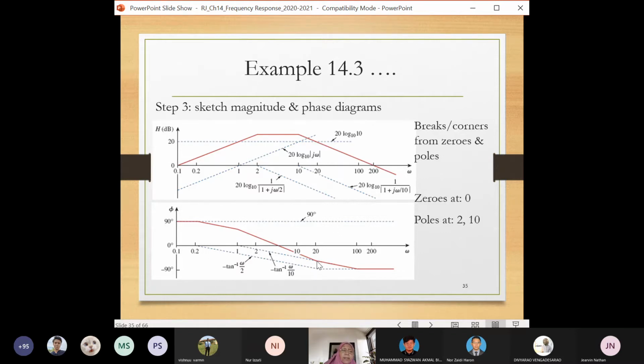Then from 20 to 100, there is only 1 line, because the line is flat again, leaving only 1 negative slope. So the slope is less by 45 degrees per decade. You will have many turns in the phase plots: drop, then more drop, then less drop, and then flat. Overall it becomes a curve of the phase plots.